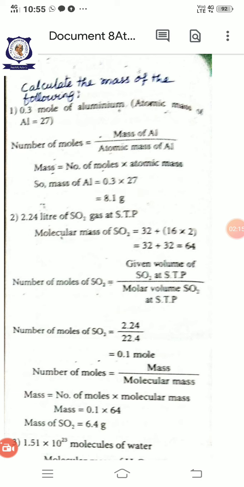What is the atomic mass of aluminium? It is 27. But we need mass. So, cross multiplying, mass of aluminium is equal to number of moles into atomic mass. How much of moles here? 0.3 into atomic mass 27. So we get 8.1 grams.